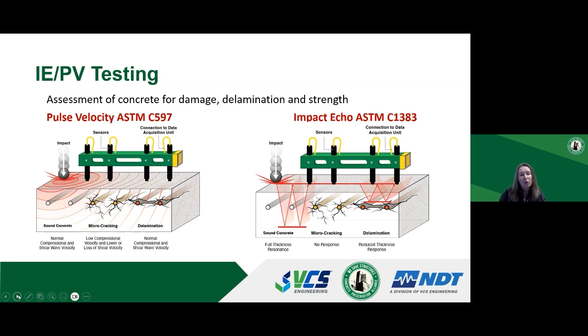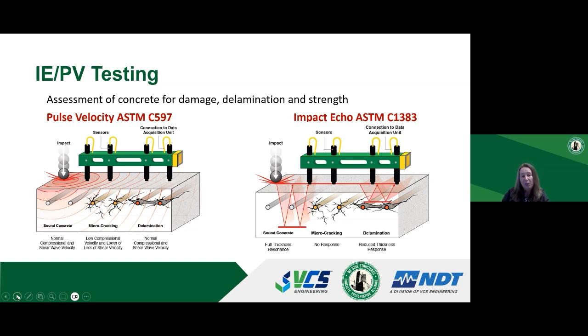However, when we have cracking in the concrete, the energy of the wave is going to be dissipated by the cracks. So what we're going to measure is a decrease in the wave velocity that indicates the presence of cracking. In addition to that, cracks are also going to change the shape of the waveform, which we're going to see on the next slide.